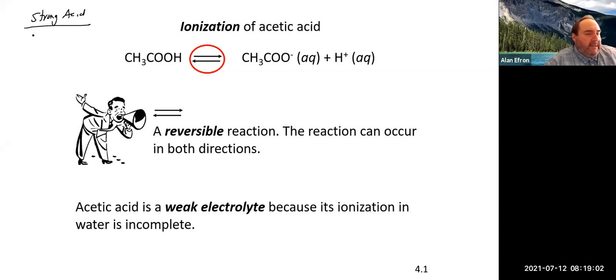The list of strong acids are hydrochloric acid, nitric acid, hydrobromic acid, hydroiodic acid, perchloric acid, and sulfuric acid. So these are really strong acids, which would also be strong electrolytes.